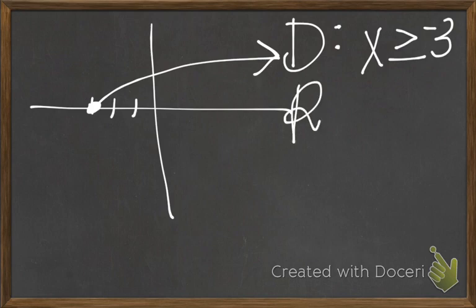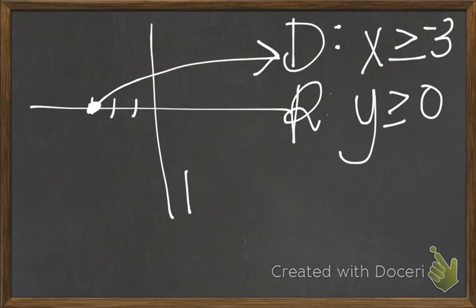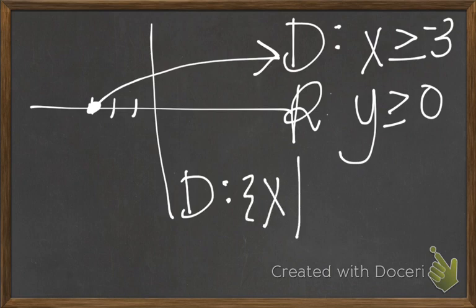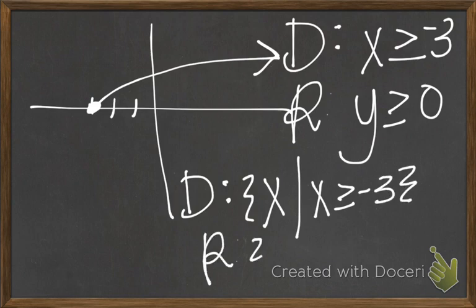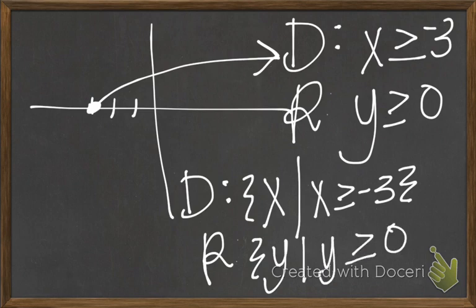My range here, the smallest it gets is 0, so y is greater than or equal to 0. Well, you're already halfway done with this set notation stuff. The only thing you have to add on the domain is this squiggly bracket: x such that x is greater than or equal to -3. The range, same thing, just add the squiggly bracket: y such that y is greater than or equal to 0.